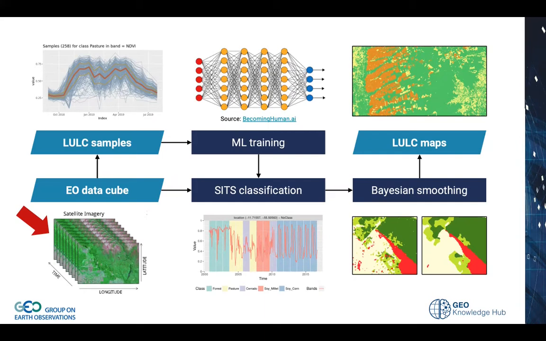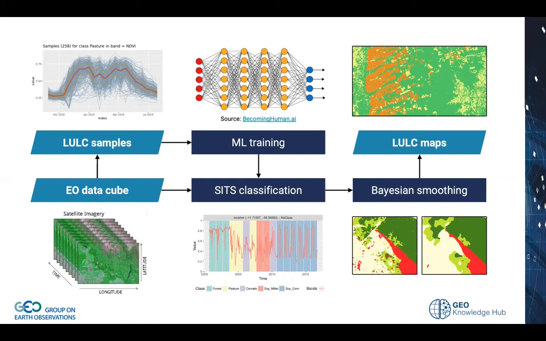These cubes are monthly composites using a best pixel algorithm. So this produces 12 observations in the year from the whole series available. For each sample point, we extracted the time series, which was used to train a multi-layer perceptron machine learning model.